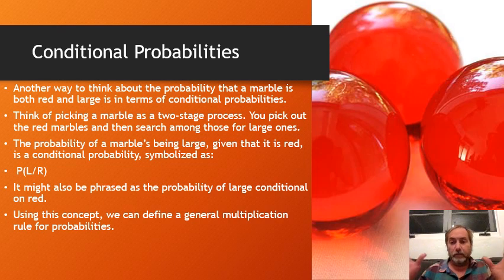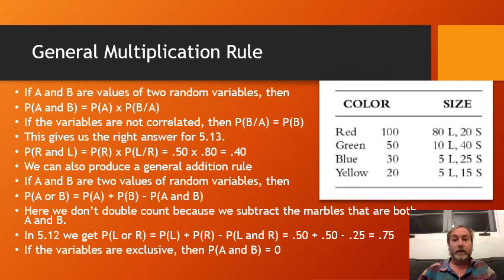Okay, so with the concept of a conditional probability, we can now define a more general multiplication rule for probability. We're still in model 2 here, you'll see on the right, where we've got 100 reds and 80 of those are large. So we have a correlation in the population between redness and largeness.